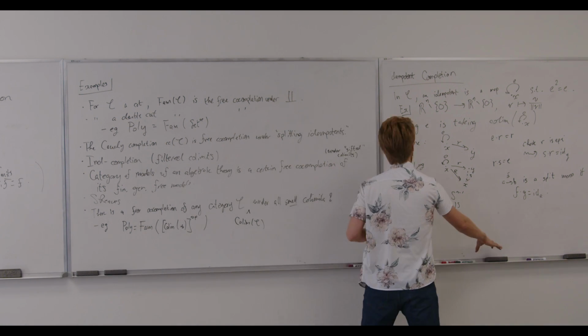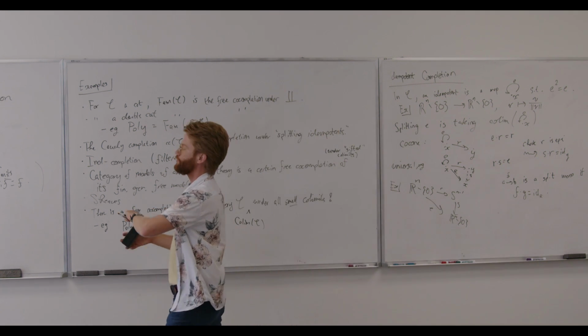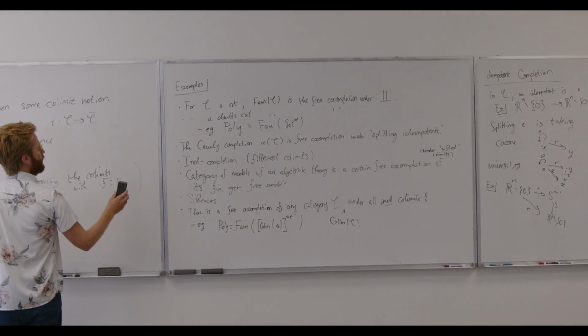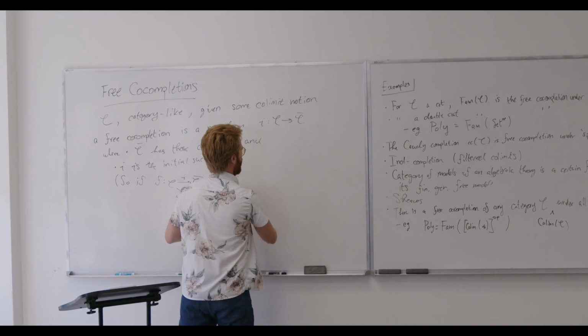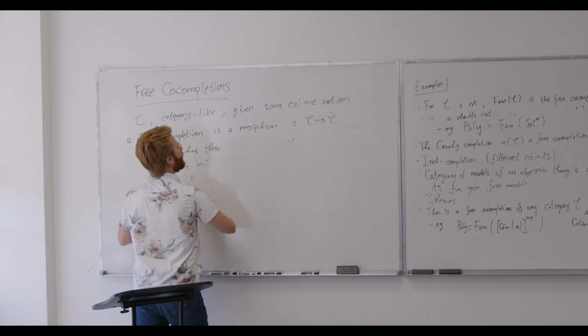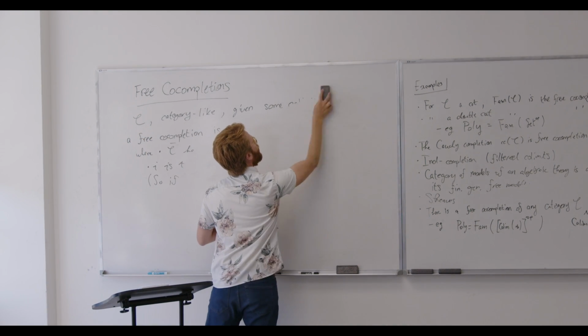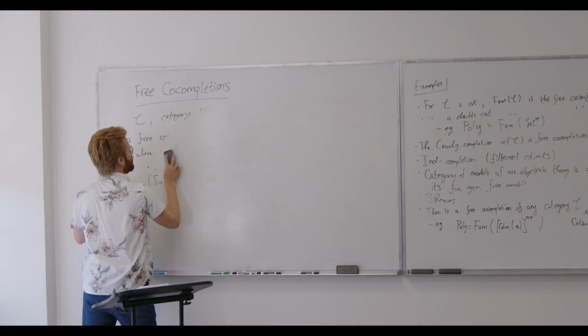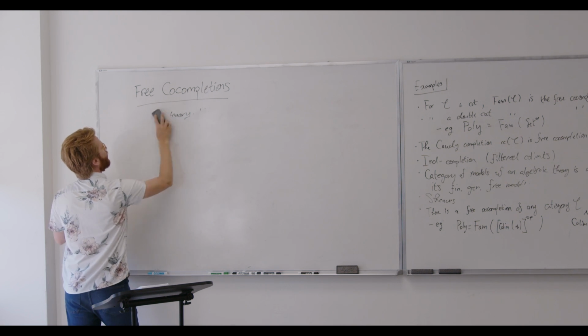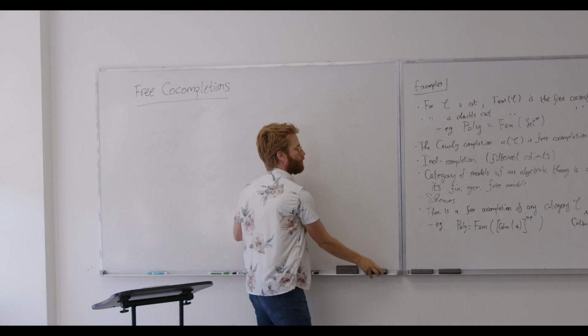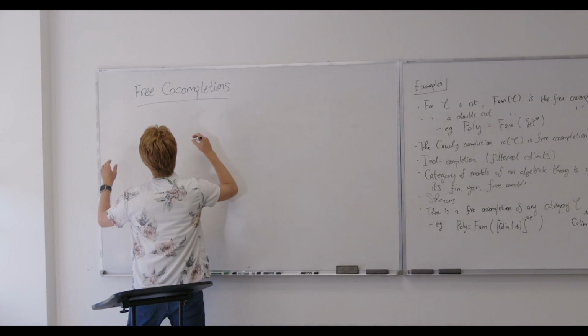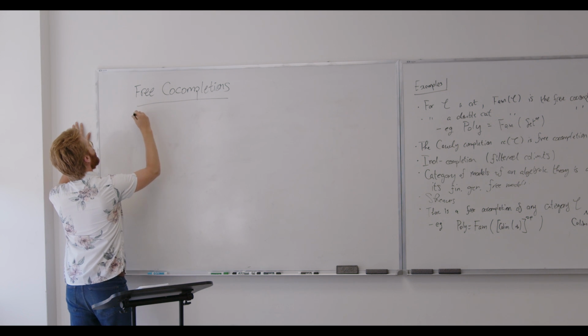So let me try, in about 3 or 4 minutes, to construct the idempotent splitting of a category. Because that doesn't have to exist in Y, right?